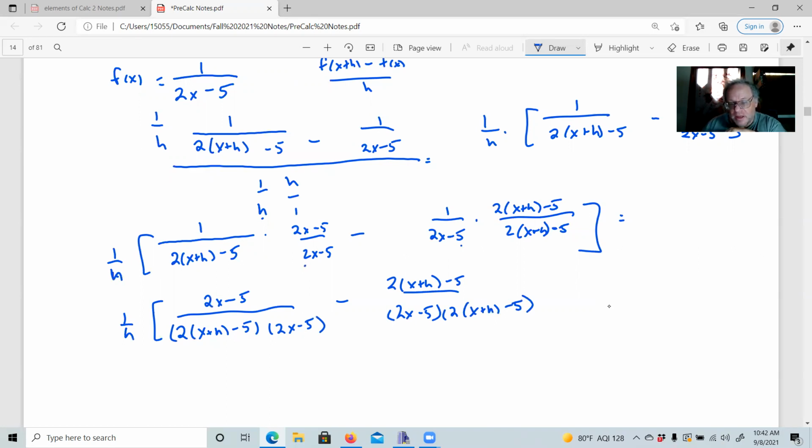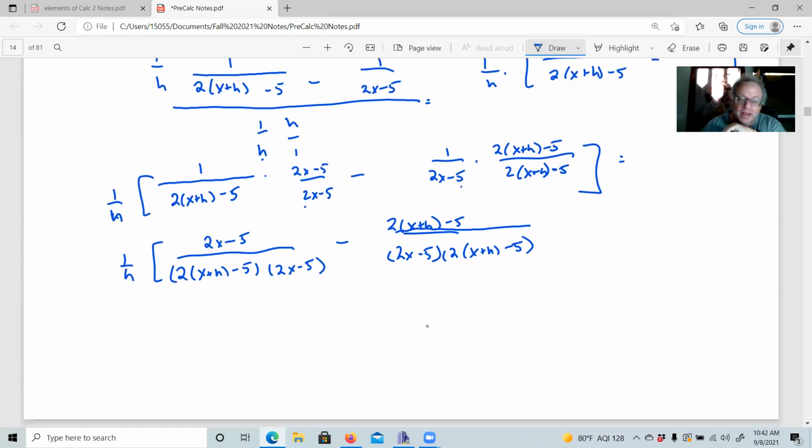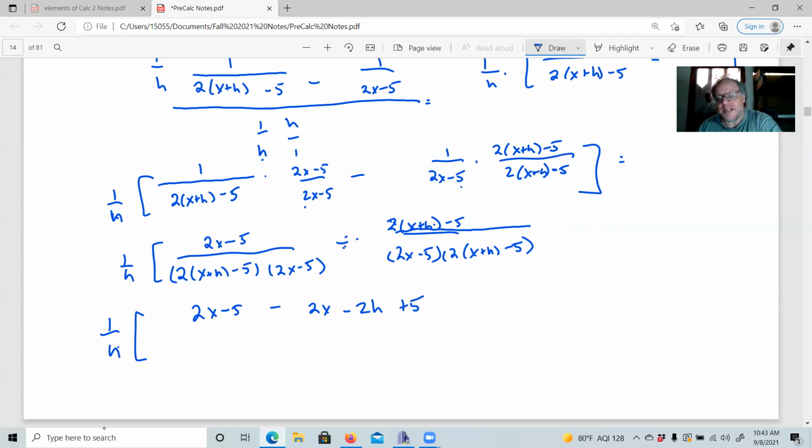Delightful, right? All right, let's clean some stuff up and see what we got. So here's our 1 over h. That's the goal, to cancel. We have a 2x minus 5 minus 2x minus h plus 5. Now, we'll take 2x minus 2x, minus h, so minus here, plus 5. Be very careful when you're distributing.